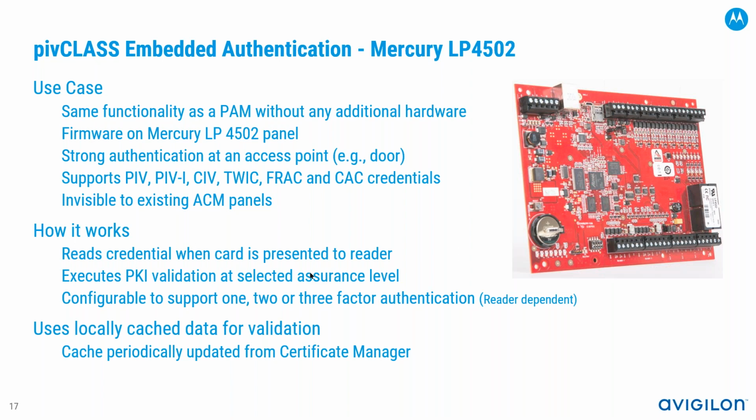Same process I described before. It's just one less component for you or the end user to manage. One network connection here, reader, and you present the credential, and depending on the authentication level you need at that reader, all that will be performed.